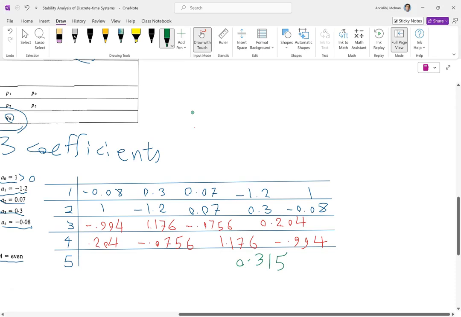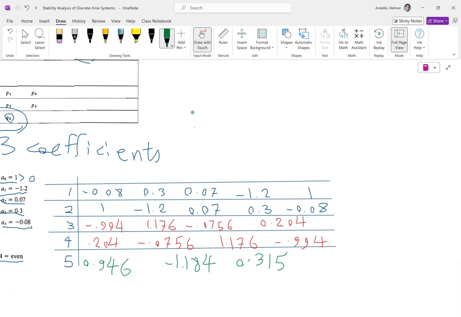And then C1 is going to be negative 1.184. And C2 is going to be 0.946. And look, you're down to three numbers. When you're down to three numbers, you don't need to continue. Here, that's it. That's the end of the table.